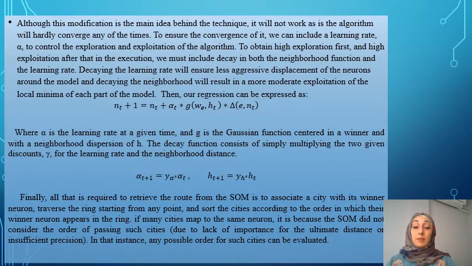If many cities map to the same neuron, it is because the self-organizing map didn't consider the order of the passing cities, due to lack of importance for the ultimate distance or insufficient precision. In this instance, any possible order for such cities can be evaluated.